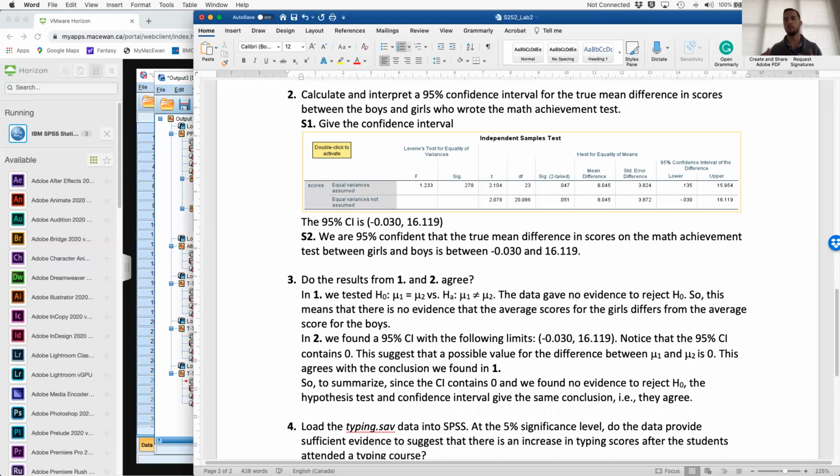So when we're asking, does the confidence interval agree with a hypothesis test, effectively, what we're asking is, if you did not reject the test, does the confidence interval include 0? And if you did reject the null hypothesis, does the confidence interval not include 0? So that's what we would be looking out for when we're comparing the CI and the hypothesis test. Any questions regarding that idea?